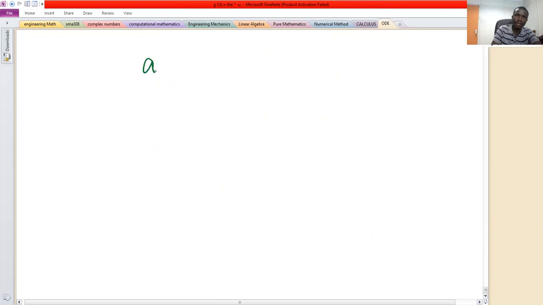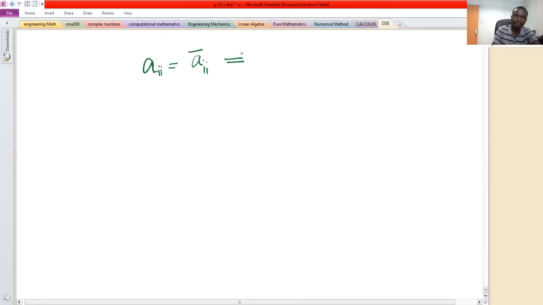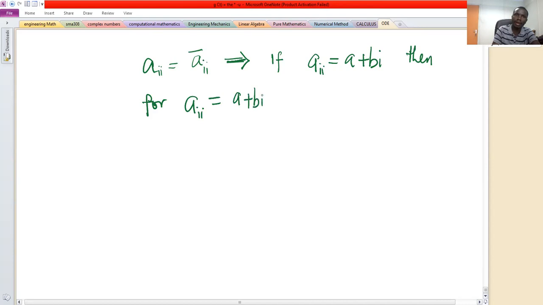If aii is the element a plus bi, then for a plus bi to be equal to the conjugate of aii, aii must be purely real.